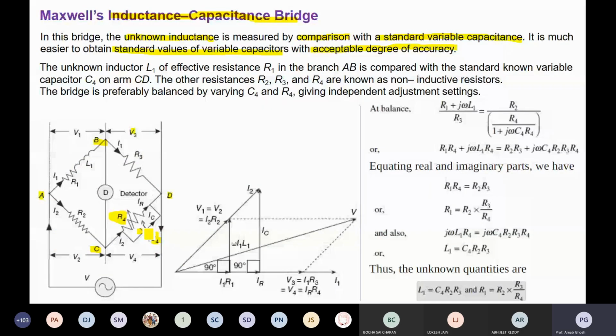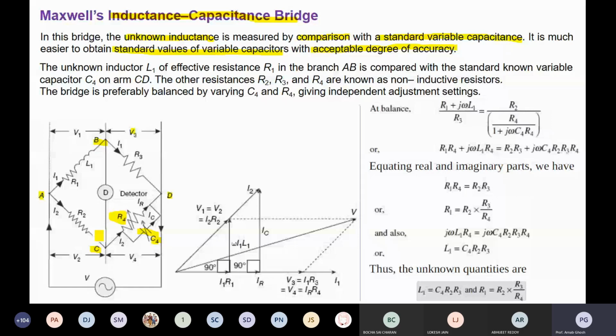You can easily tune that value, because you are balancing the potential of the B and C terminals. If the potential of B and C is the same, there will be no current flow through the detector. That's the basic idea.